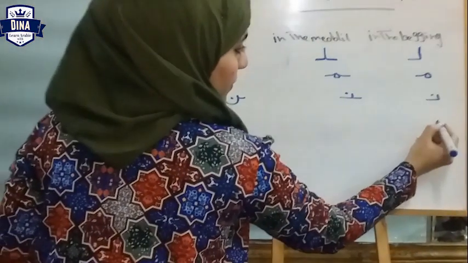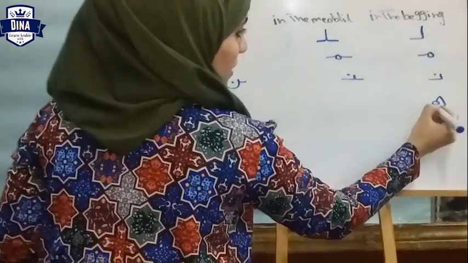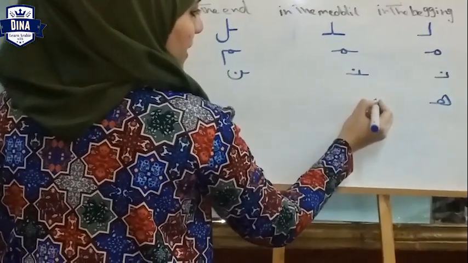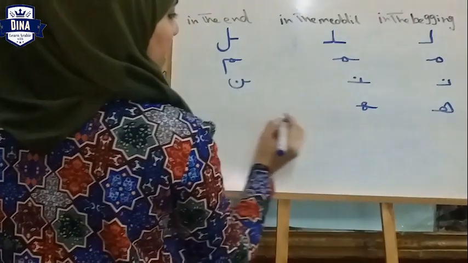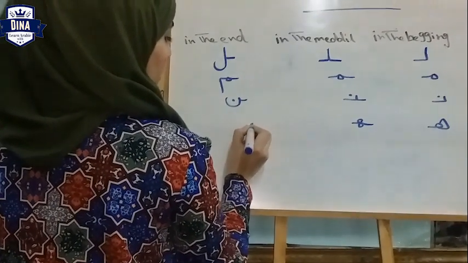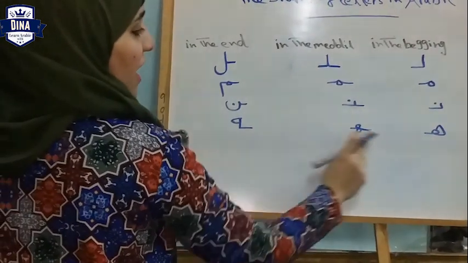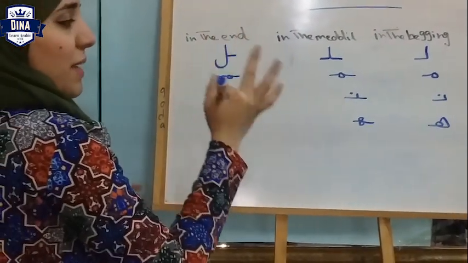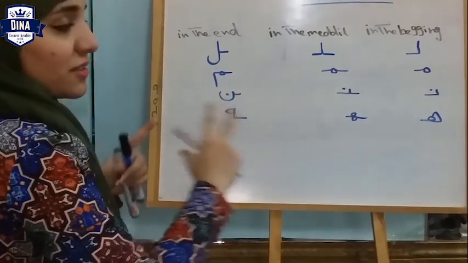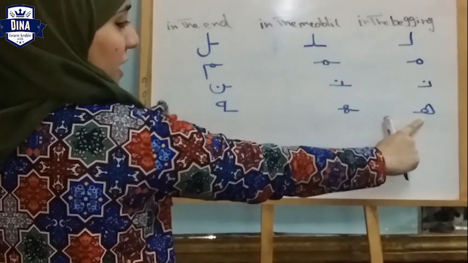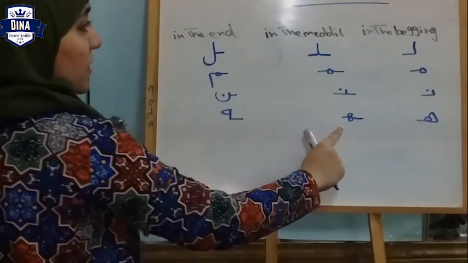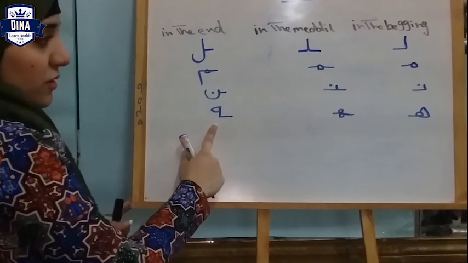Ha in the beginning and the middle and the end of word. You can notice Ha has three shapes, but it's different in the beginning, in the middle, in the end of word.